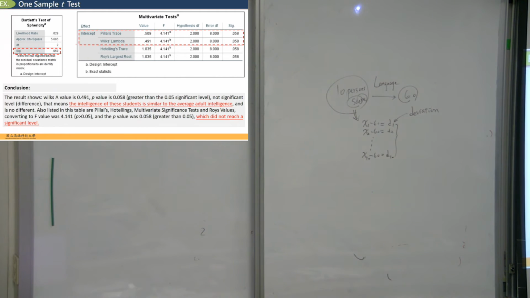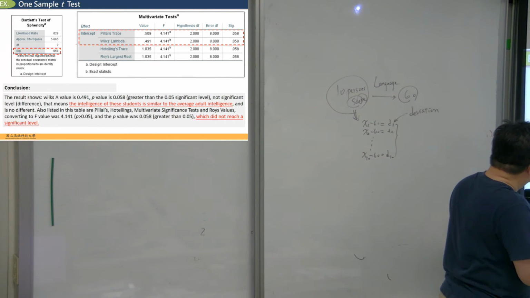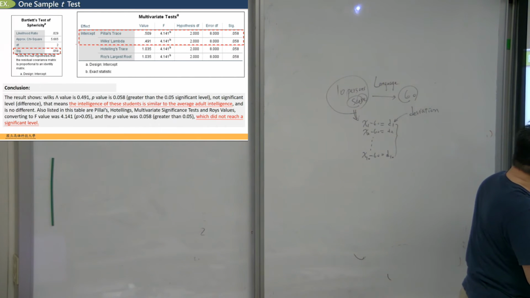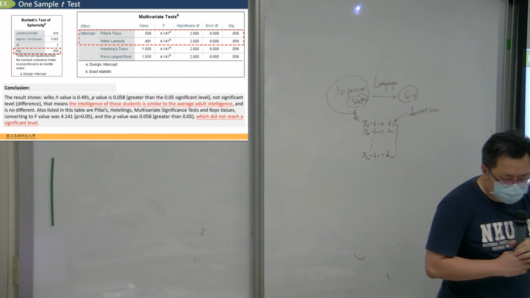And you can see, no matter what method we use, the F value is almost the same, right? But usually in our paper, I will suggest you use this Wilks' lambda, okay?